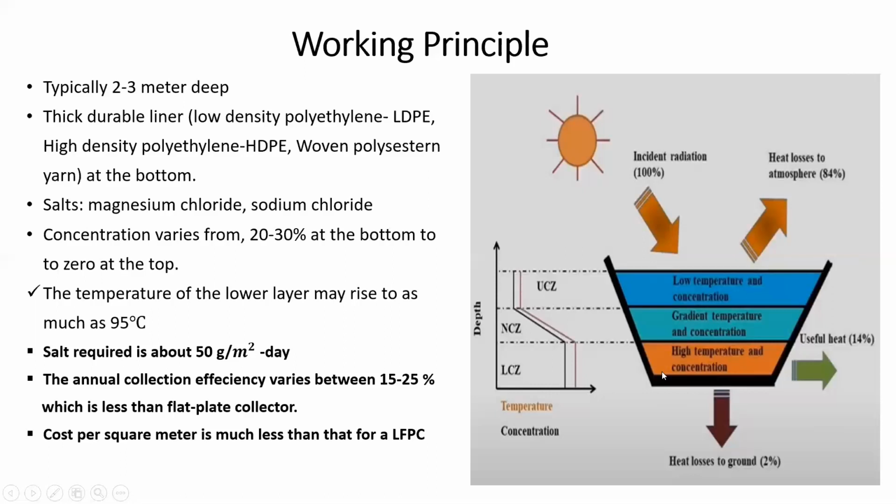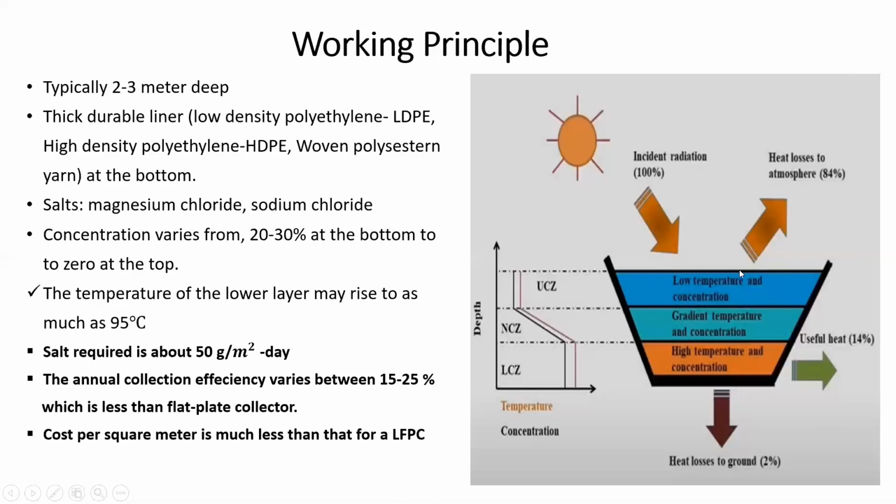So we use this type of thick durable liner at the bottom to reduce the conduction. When we consider incident radiation as 100, 84% of the heat is lost to the atmosphere at the upper convective zone.